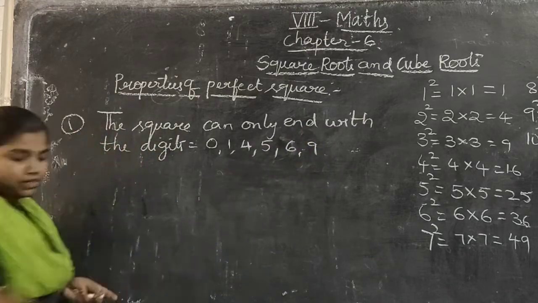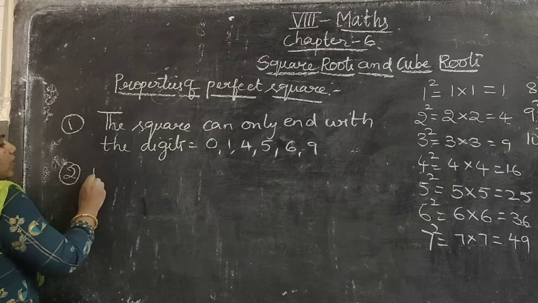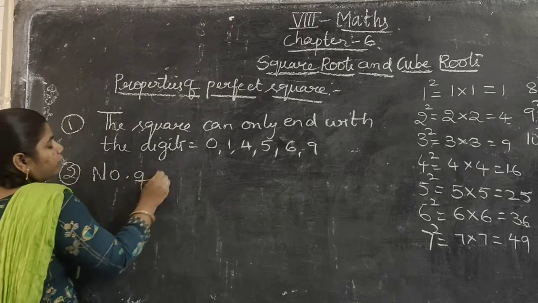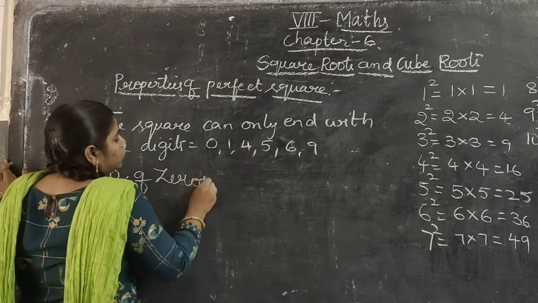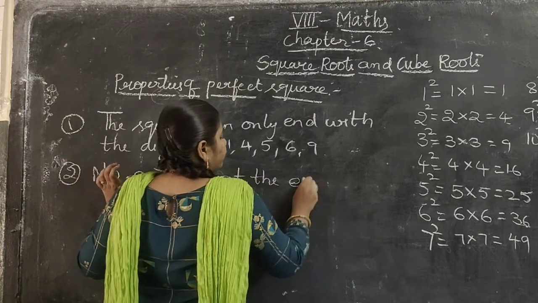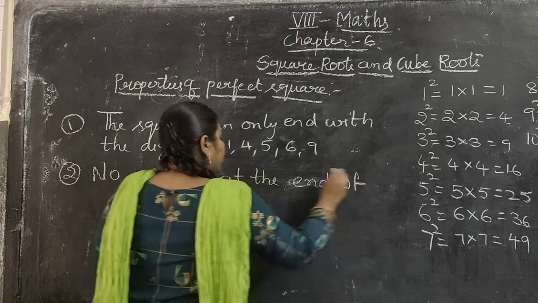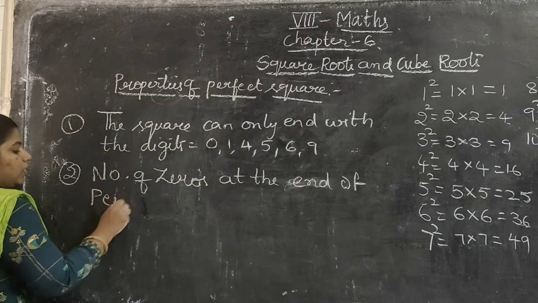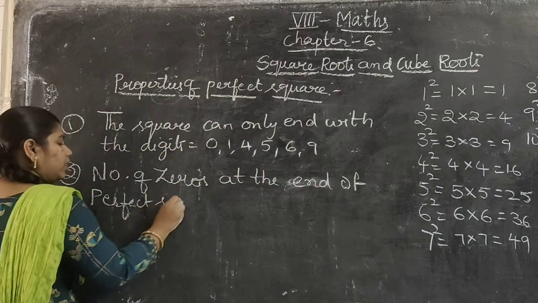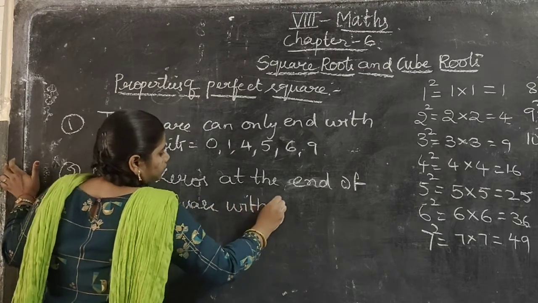The next property: the number of zeros at the end of a perfect square will be even.